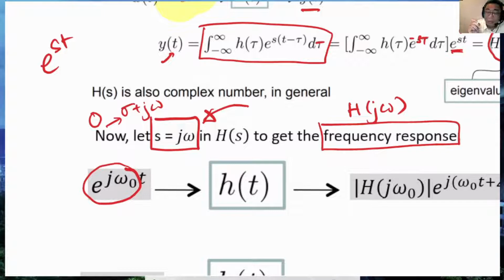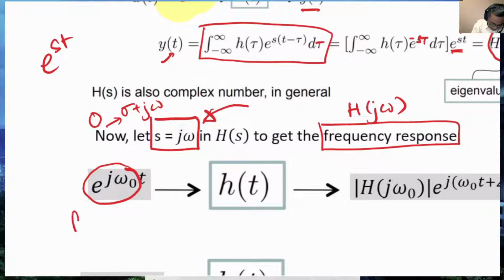When we look at e^{jω₀t}, this, remember, is a continuous time complex exponential rotating at ω₀. It does not decay. It does not grow. It remains with an amplitude of 1, and it keeps on rotating at ω₀ radians per second. That's the idea.